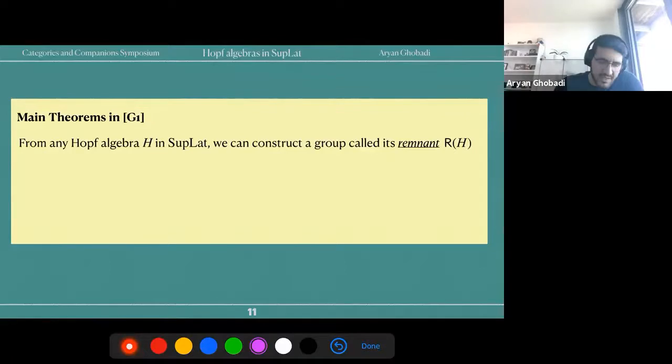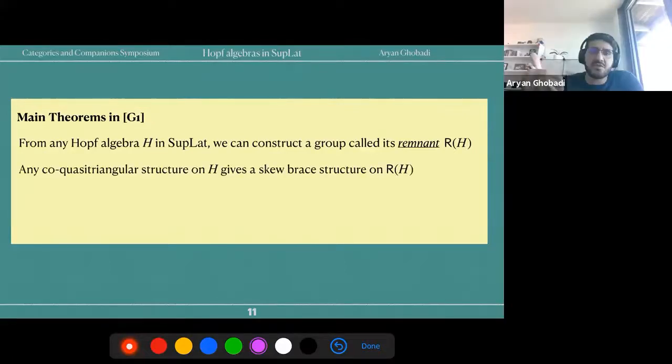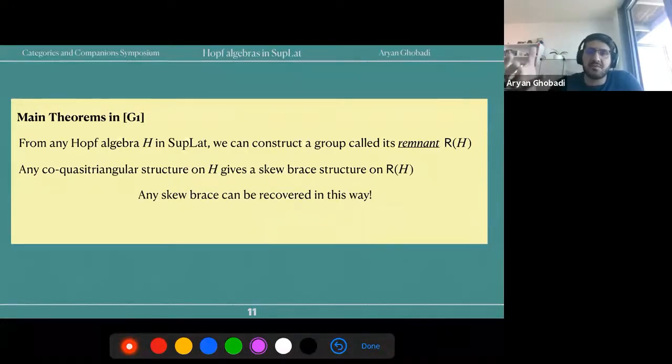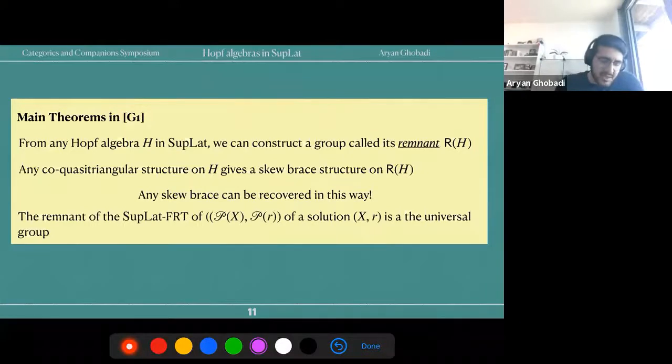And any co-quasi-triangular structure on this is going to give you a skew brace structure. Moreover, any skew brace that I was talking about in the first slide can be recovered in this way. It's really the remnant of some co-quasi-triangular Hopf algebra in SupLat. And precisely what I wanted: the remnant of the SupLat FRT, when applied to the power set of a set-theoretical solution, is going to spit out that universal group.